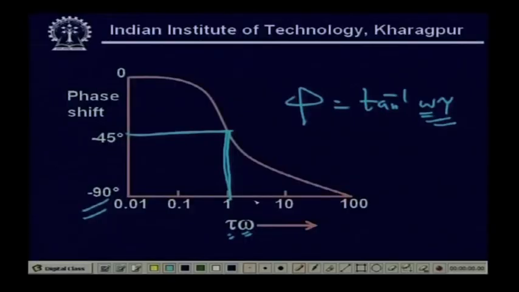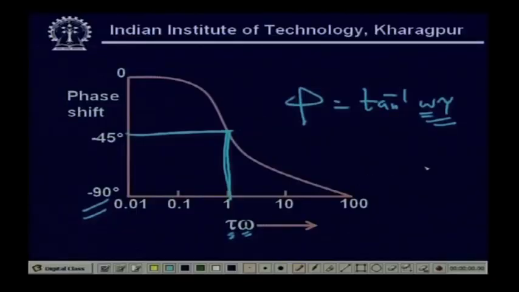So, the frequency or the tau will determine at what frequency you can use your instrument, because if you fix the omega, the tau will be determined. If you know that my signal has some particular frequency, I can tell what should be the value of tau, so that I will get a reasonable response of the input to the system.